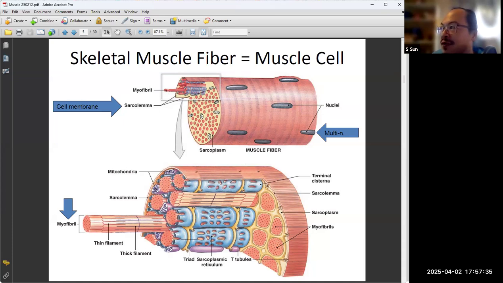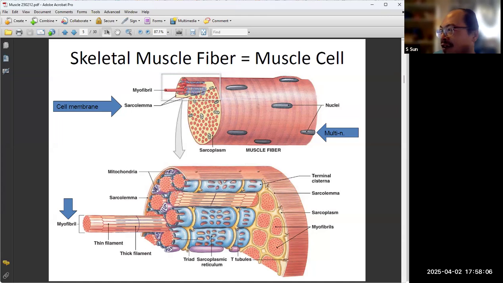If we zoom in right here, we can see that this myofibril is these bundles of filaments. Some filaments sit in the middle, and some filaments sit in two ends. So that is this myofibril.